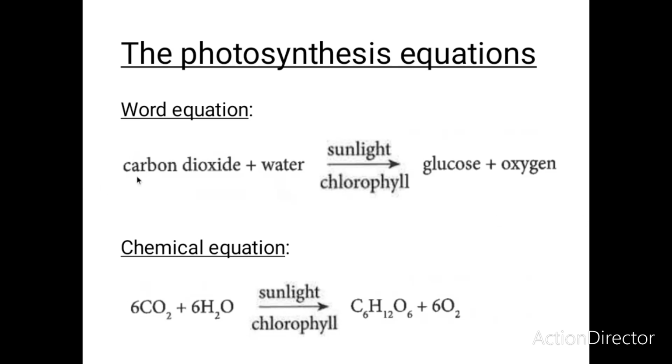The reactants are carbon dioxide and water, the conditions necessary are sunlight and chlorophyll, and the products are glucose and oxygen. Basically, during photosynthesis, carbon dioxide and water are combined in the presence of sunlight and chlorophyll to produce glucose and oxygen. So this is the chemical equation for photosynthesis.